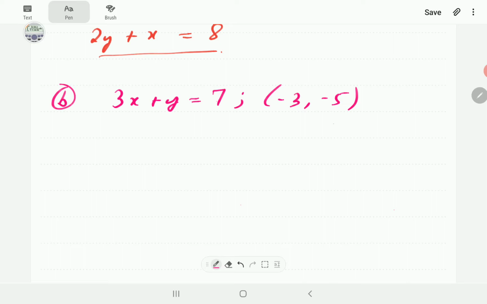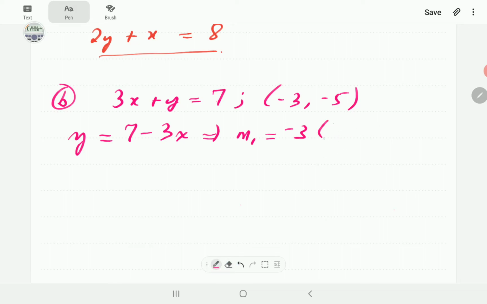Now this line, which we're going to call our L1, the equation is not in standard form. So making y the subject of the formula, we've got y equals 7 minus 3x, from which we see that the gradient of this line is negative 3, and the y-intercept is 7.